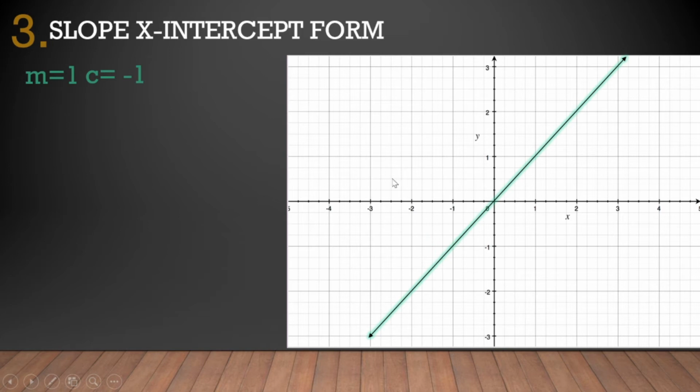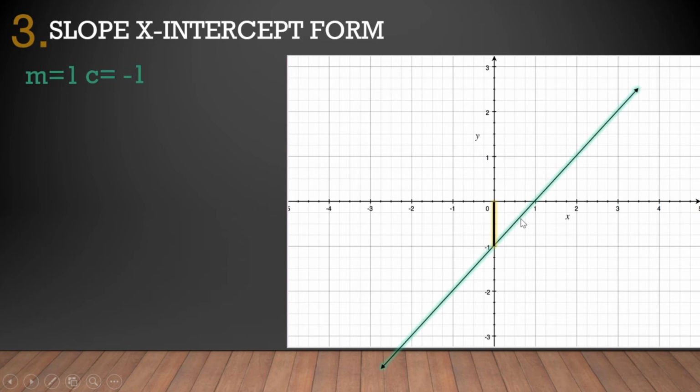That means the line passes through this point, and this is the y-intercept. That means the line is this, and the equation of the line is y equals x minus 1.